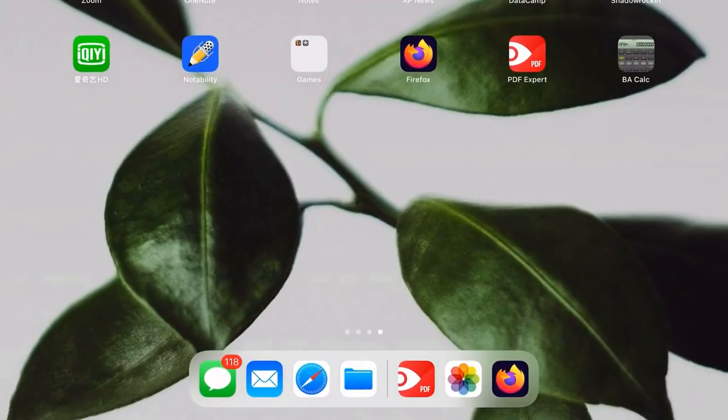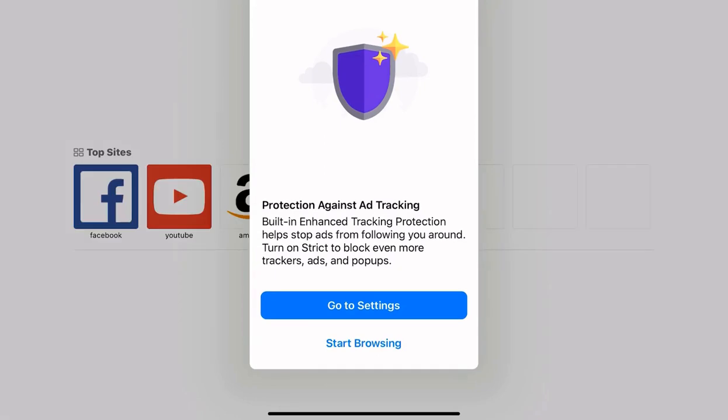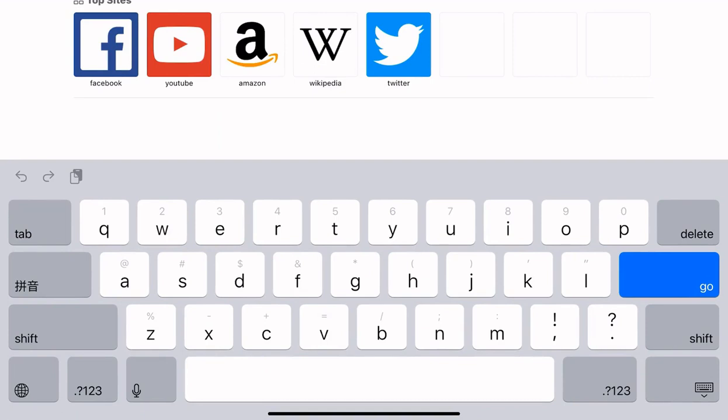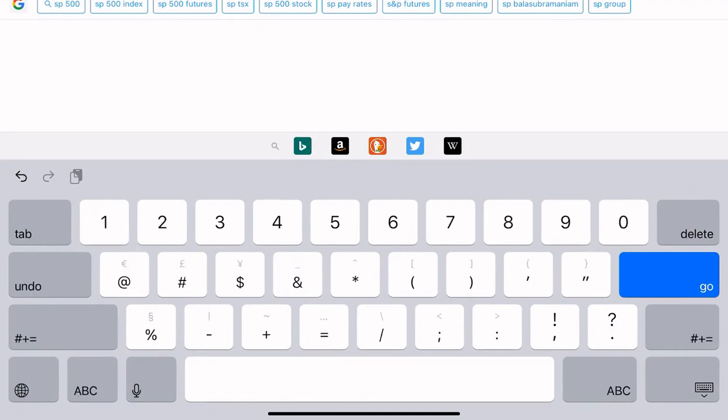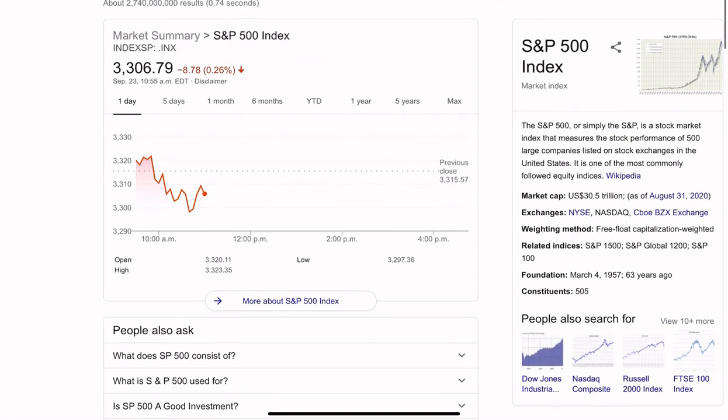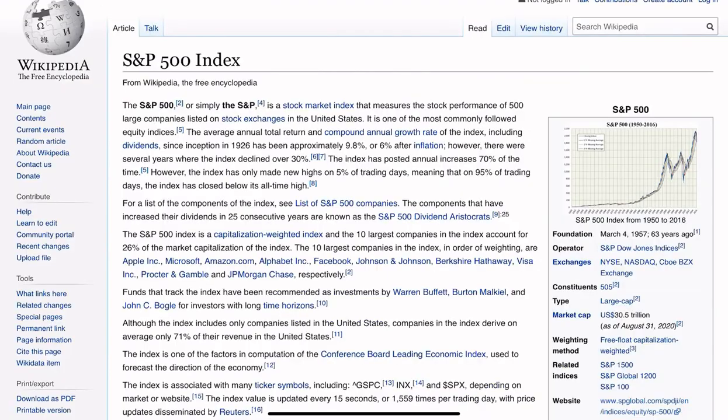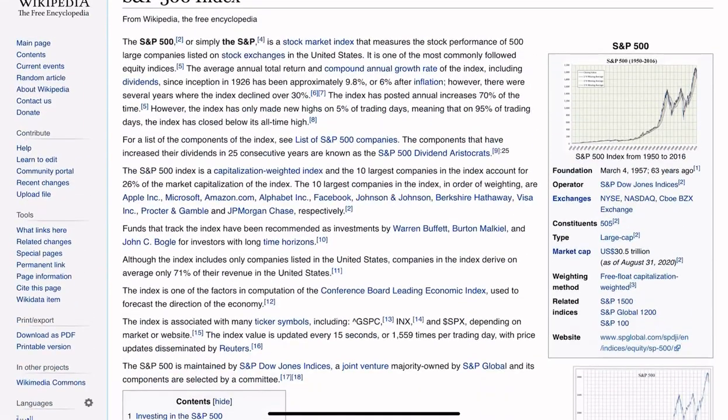To give you a more intuitive understanding of this market index, we could look at these so-called market indexes. You can see this actual index. The S&P 500 index today has a value of 3,307.15, and you could also use Wikipedia to get more understanding about this market index.